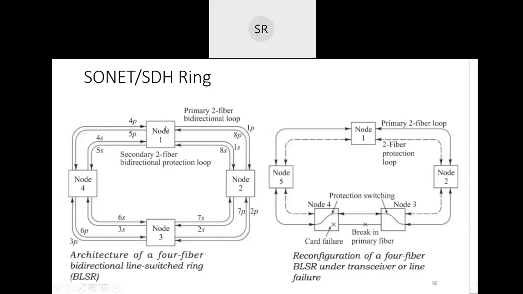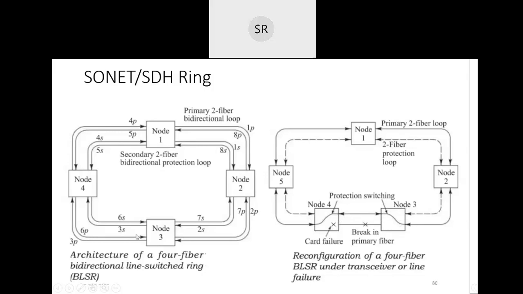In the case of any node failure occurring, a protection switch network is used. Okay, likewise. Suppose there is any break in a fiber, the primary fiber, or suppose there is a failure at that particular node. In that case, that node is shorted by the switching network, and through that they are communicating.